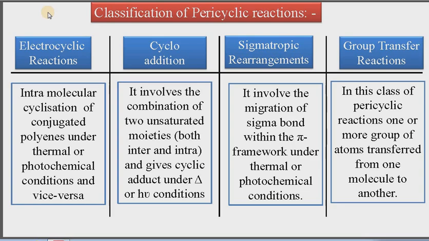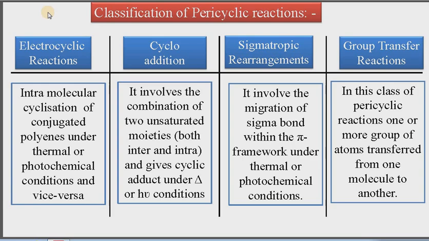The second type of reaction is cycloaddition reaction. It is a reaction in which two or more pi electron systems react to form a ring at the expense of one pi bond in each of the reacting partners. It means two pi bonds get converted into two sigma bonds during cycloaddition reaction.